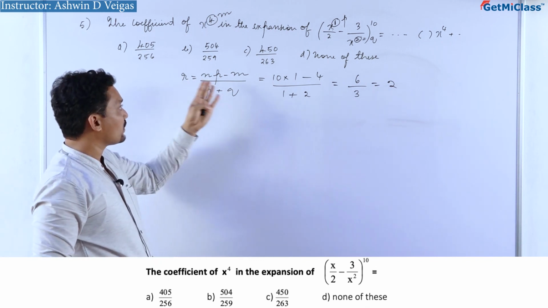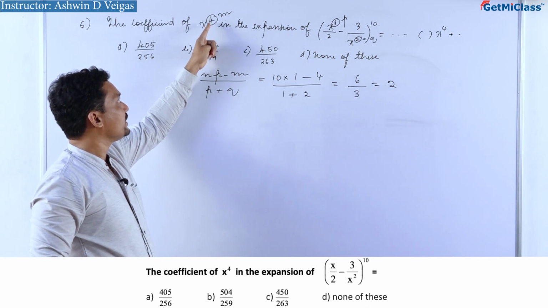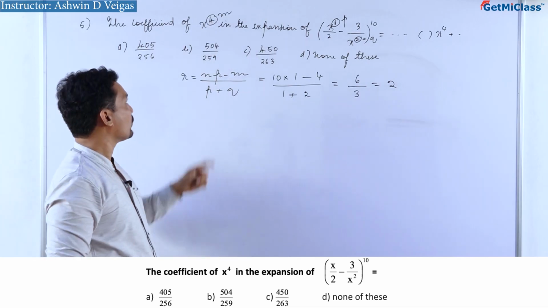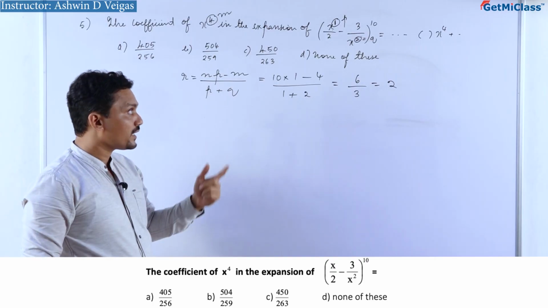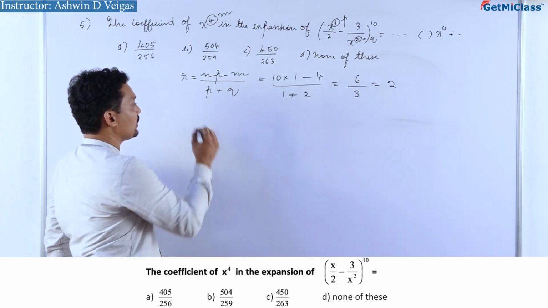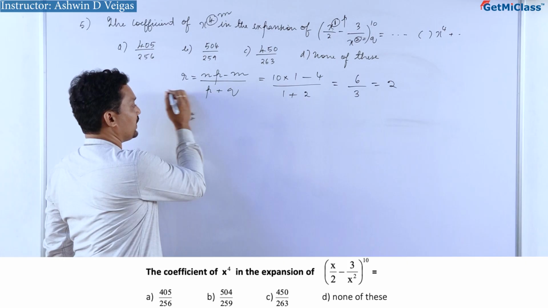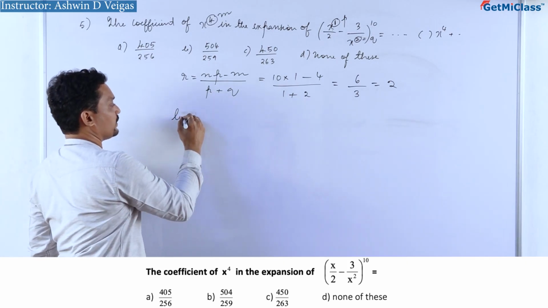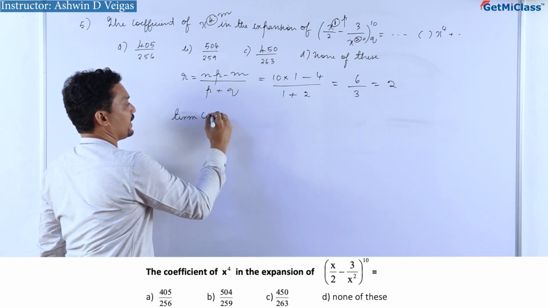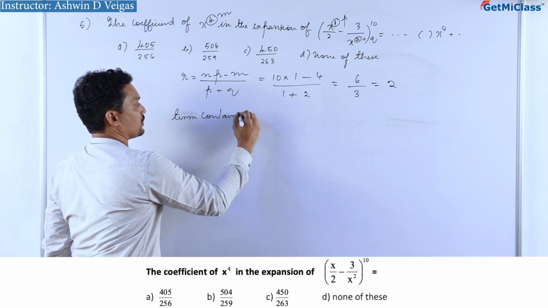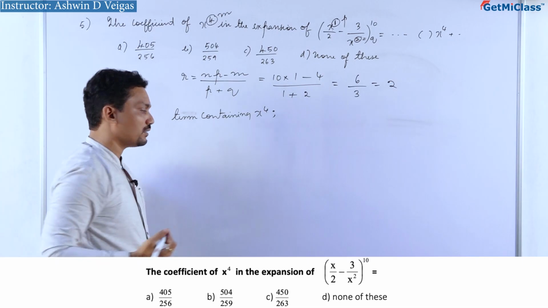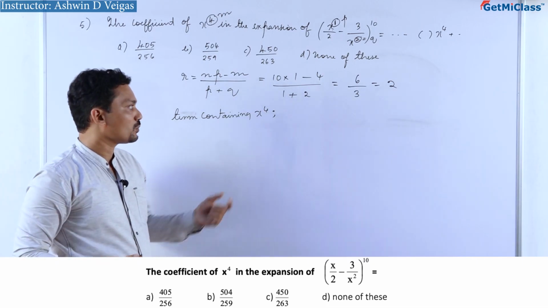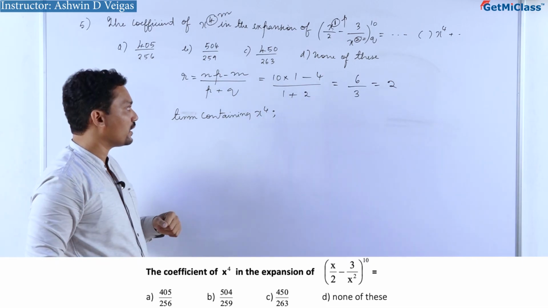Now, once we get the value of r as 2, we can easily find the coefficient of any term. Now we are going to find the coefficient of x power 4. For that, again we can use a very simple shortcut. If you want the term containing x power 4, I will write it like this. You can remember a very simple method without a formula to write the term containing x power 4.